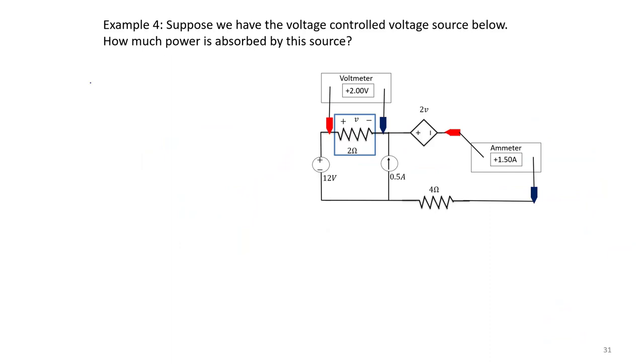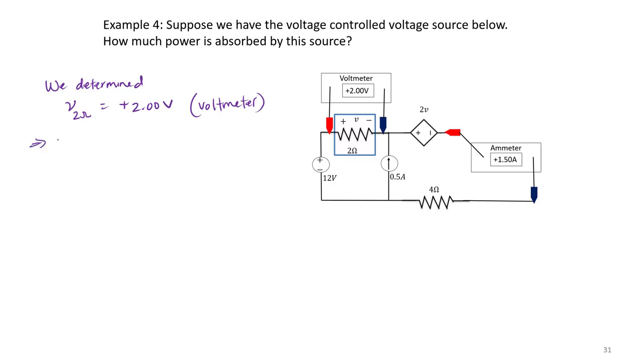All right, so let's just briefly talk through this. So we determined that our little v across our 2 ohm resistor was equal to 2 volts, as the voltmeter told us.